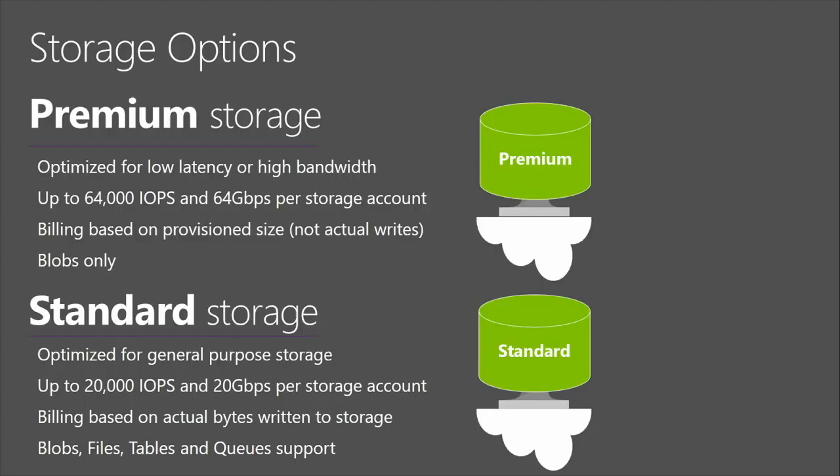You can spin up to 20 gigabytes per second of disk traffic to that storage account, 20,000 IOPS. But the problem is that, say you were running a workload that required really low latency or really high bandwidth, that standard storage wouldn't cut it.